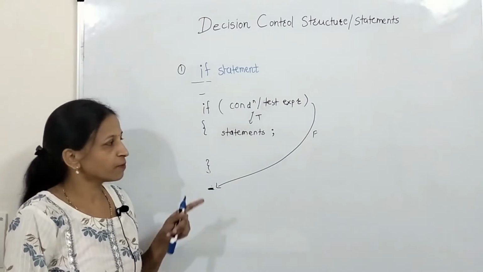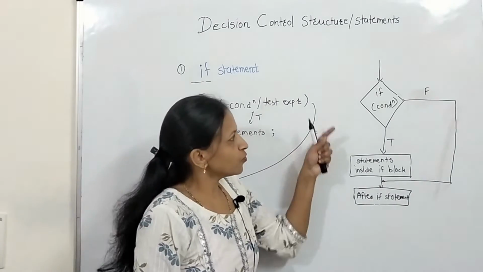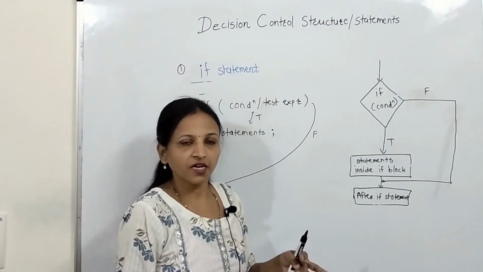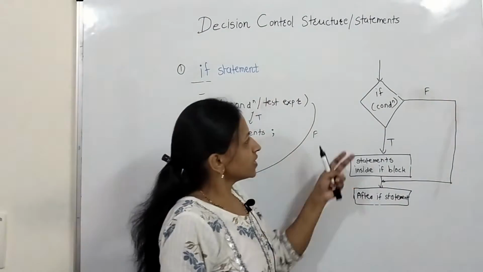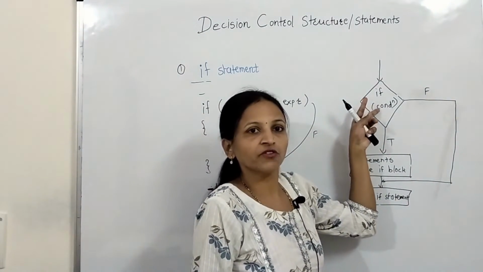Now I am going to explain this with the help of a flowchart again. This is the flowchart for the if statement, showing how it works. For the if condition, we can place any condition that results in true or false.